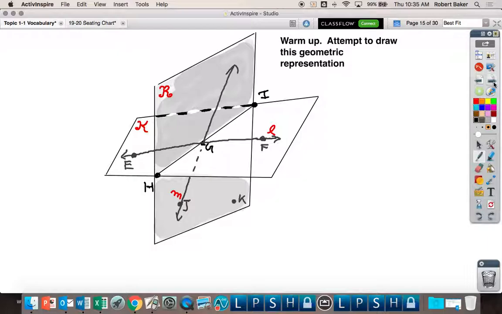I use that E word very, very dangerously because they might ask you what plane is line EJ on? What's wrong? What plane is line EJ on?